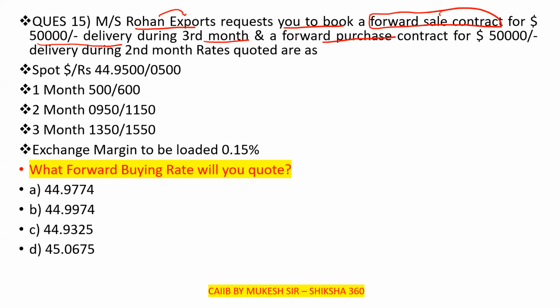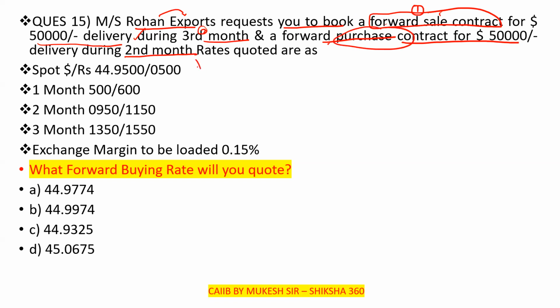For the forward sale contract, delivery during the third month, we will take the rate of the second month. And a forward purchase contract for $50,000 for delivery during the second month. This is the purchase contract.